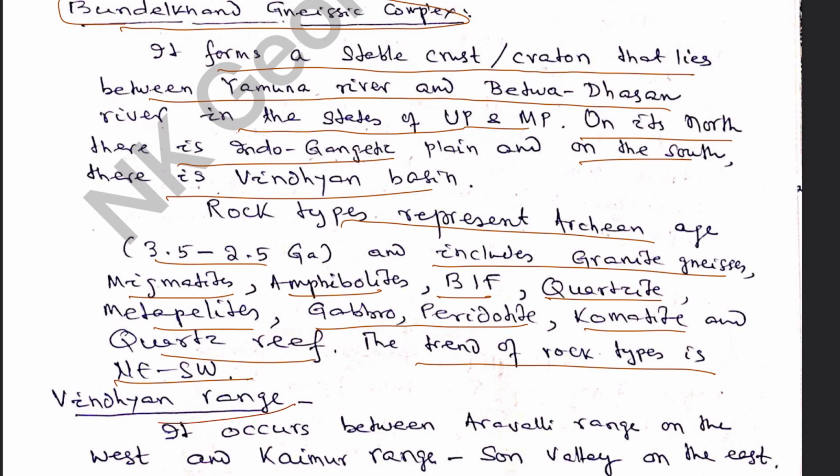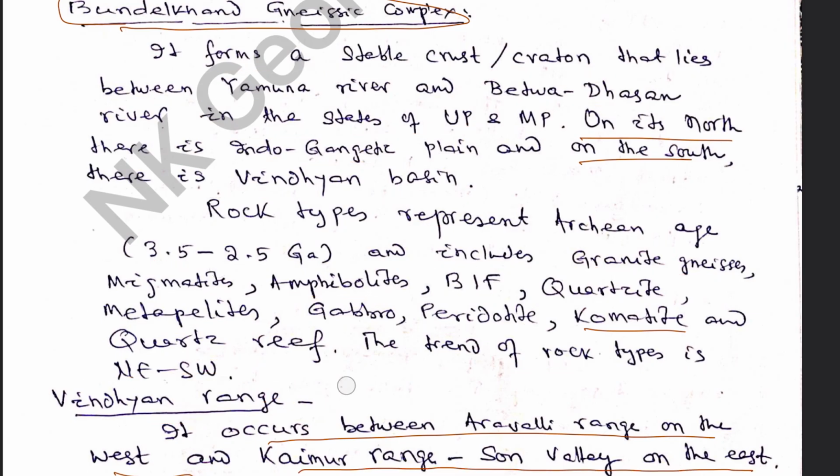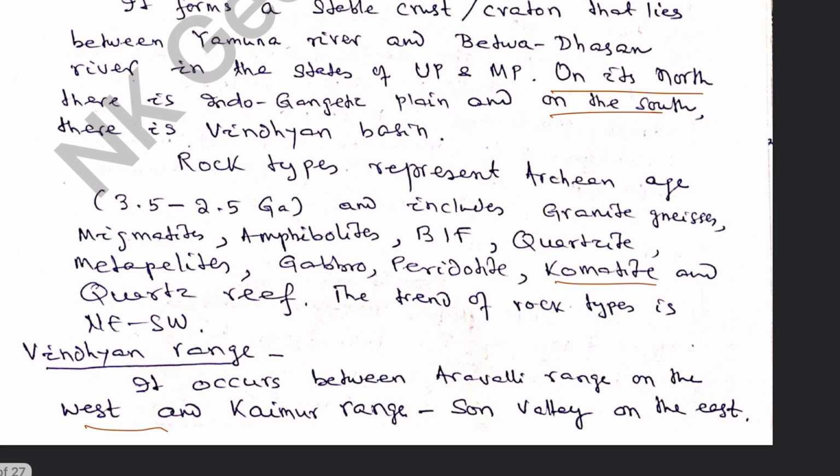So let us discuss the Vindhyan range. It occurs between the Aravalli range on the west and the Kaimur range, Son Valley on the east. So Vindhyans lie between the Aravallis and the Kaimur range.